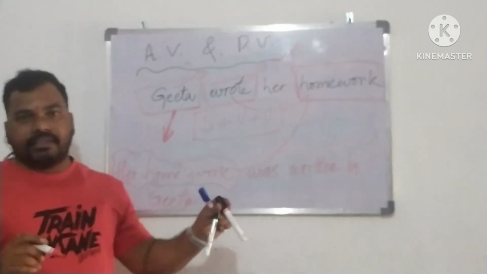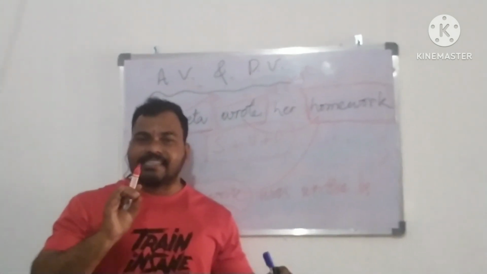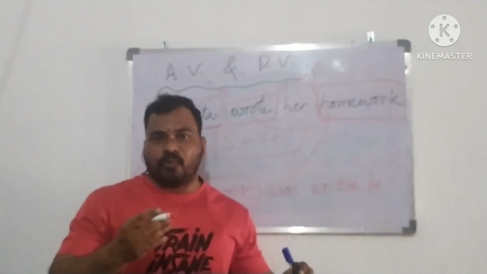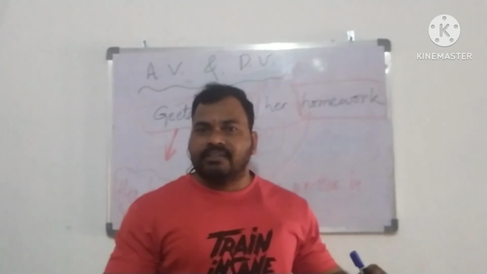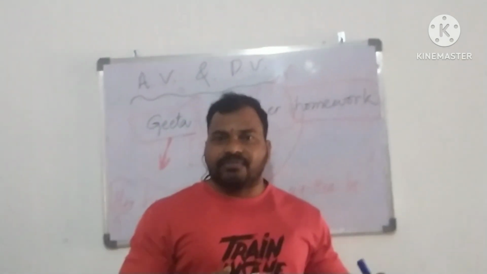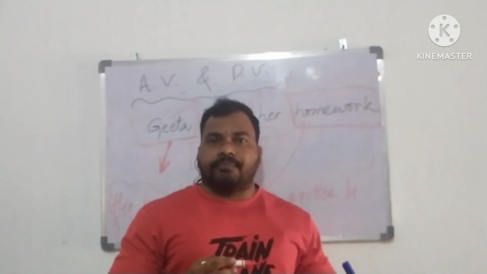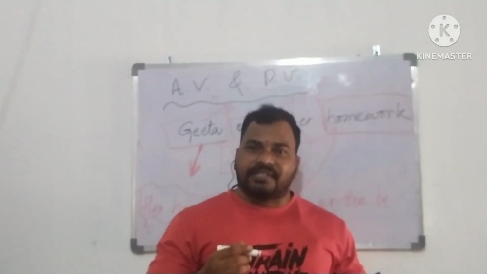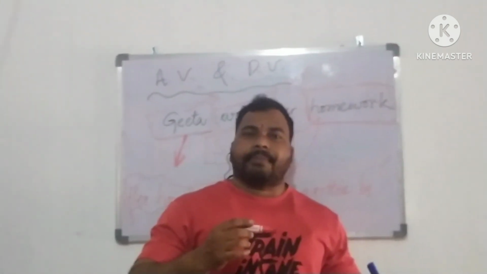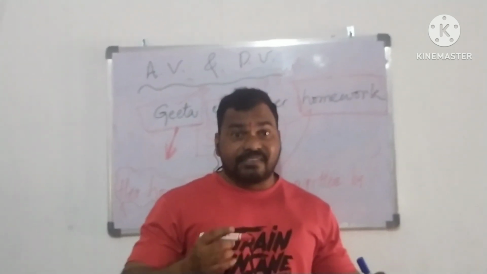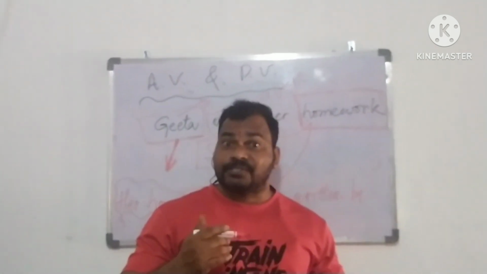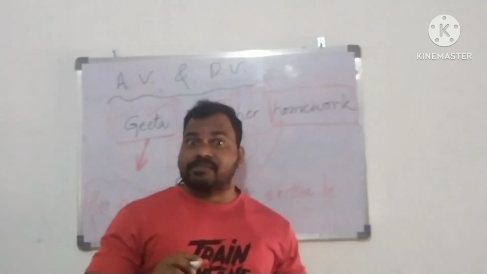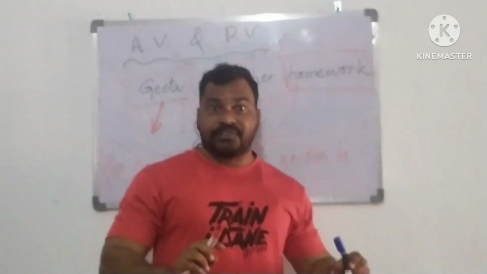Okay, so here, as we all know, there are 12 tenses in English. I hope you know what they are. Simple present, simple past, simple future, and present perfect tense, past perfect tense, future perfect tense, and present continuous tense, past continuous tense, future continuous tense, and present perfect continuous tense, past perfect continuous tense, and future perfect continuous tense.